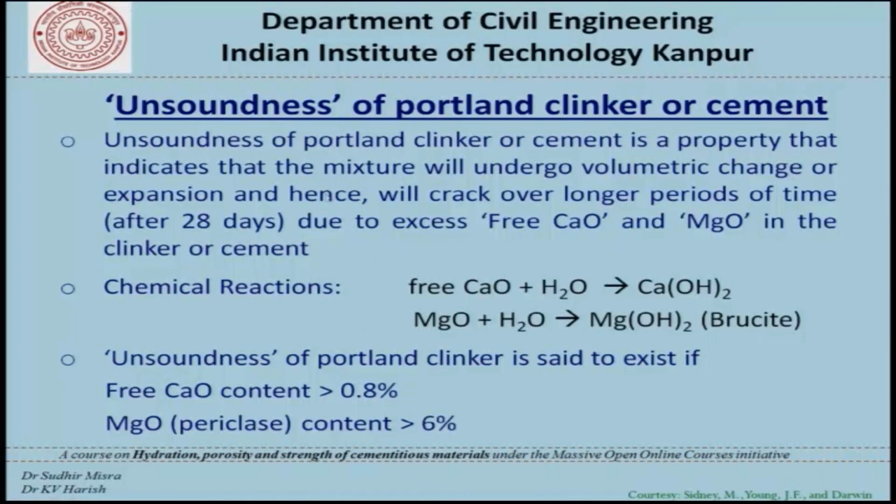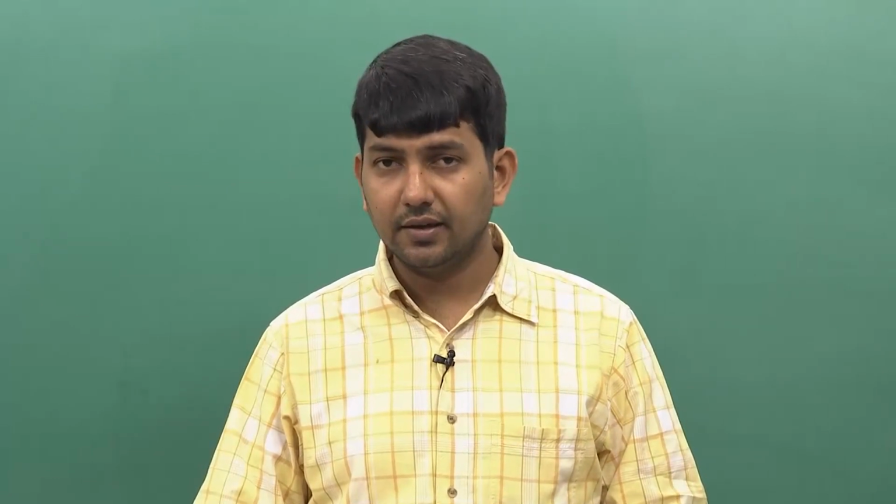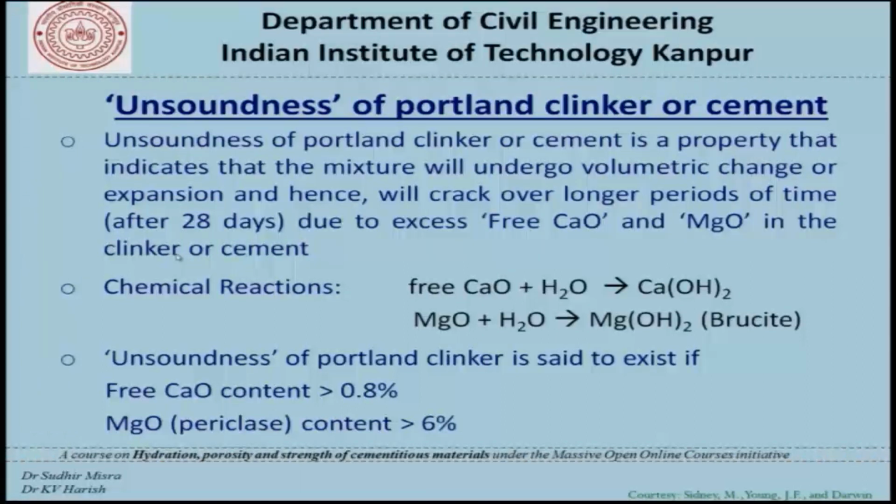Unsoundness of Portland cement is a property that indicates that the mixture will undergo volumetric change or expansion or cracking over longer periods of time, usually after 28 days, due to excess amounts of either free calcium oxide which is not properly burnt, or magnesium oxide that is present in the clinker, or due to both free calcium oxide and magnesium oxide. The chemical reactions which cause expansions are shown here.